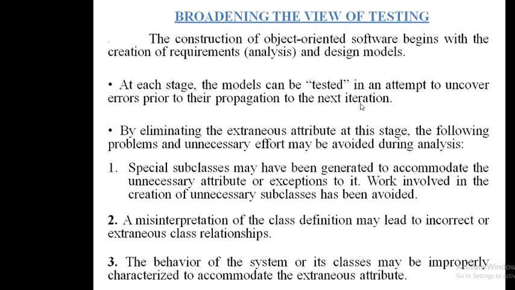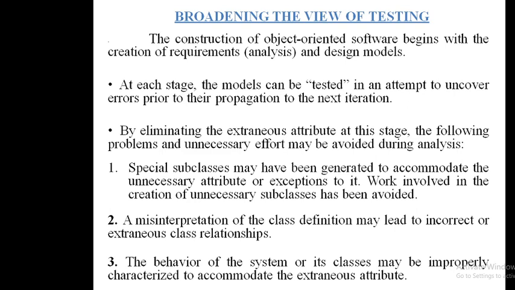So in the object-oriented environment of software development, whatever stage you develop, you want to test that stage. Why? Because we want to avoid carrying uncovered errors from that stage to another stage. We want to rectify all the errors in that stage itself, so they are not moved to the next stage.